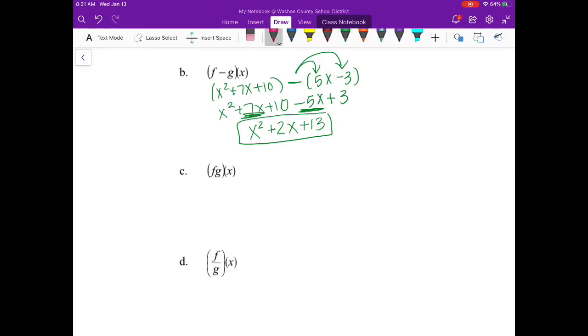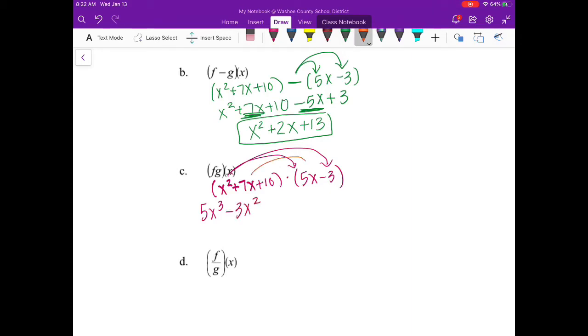Now we're going to multiply them together. So remember, that just means you are distributing through the values. So I have my f times my g and distribute. So multiply it through. X squared times 5x is 5x to the third, and then minus 3x squared.